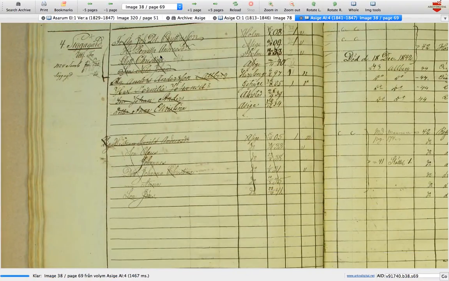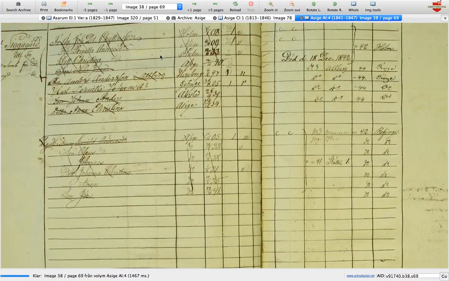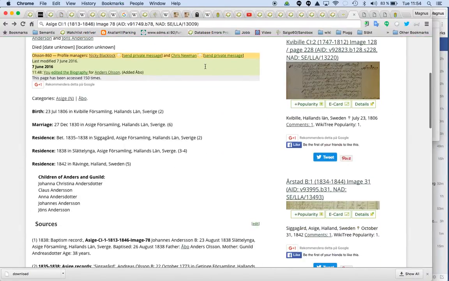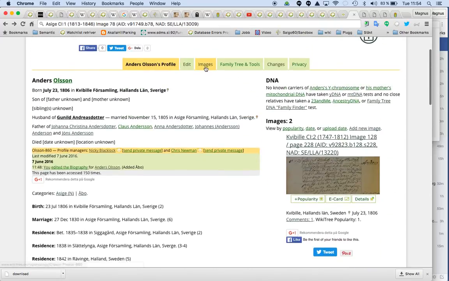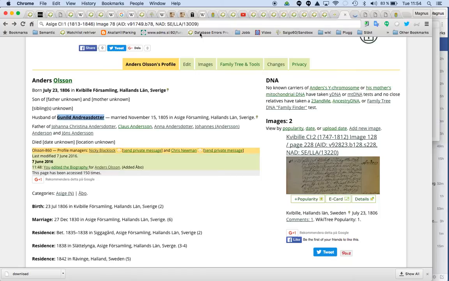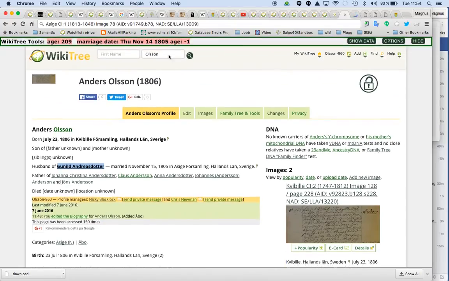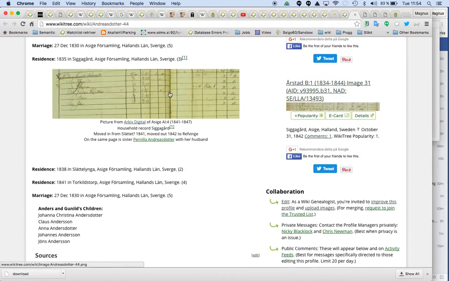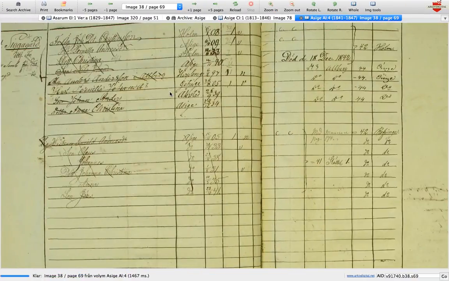It's odd. Why is he moving away? I think I had this. I have uploaded this picture already, didn't I? Gun Andreas dotter. This is 41 to 47.